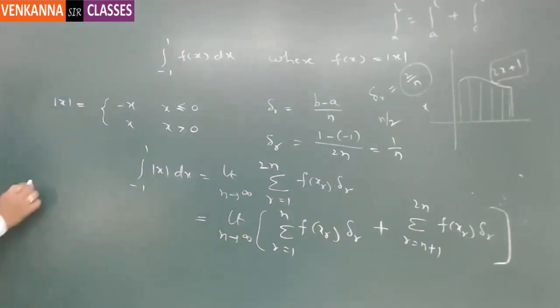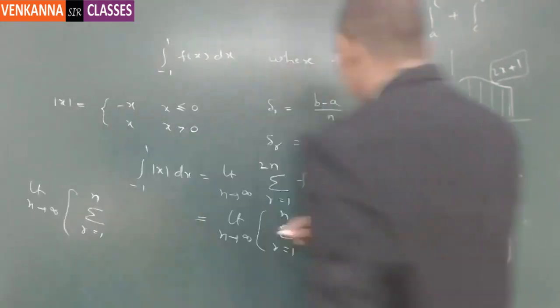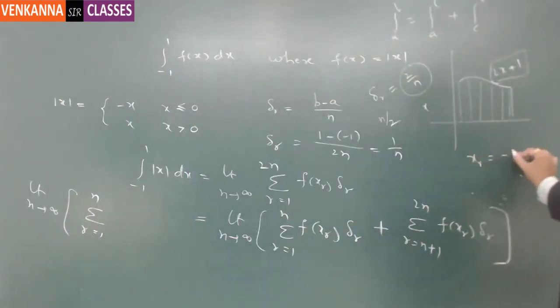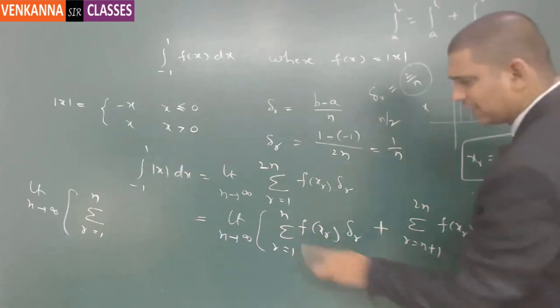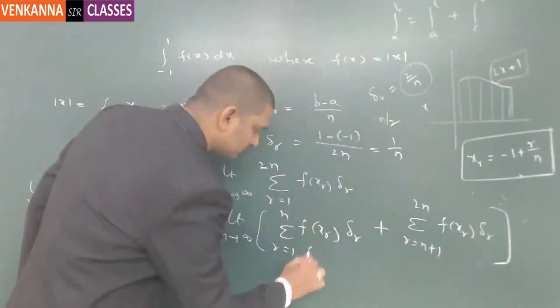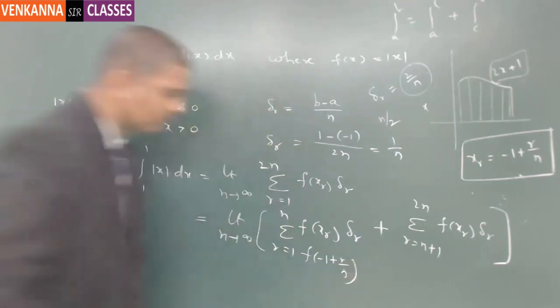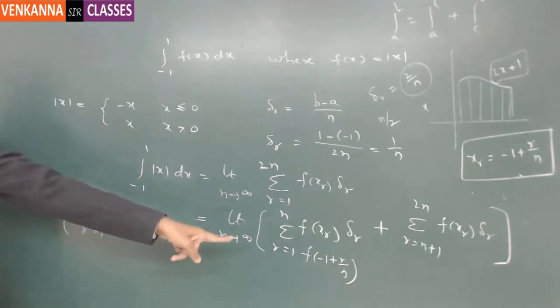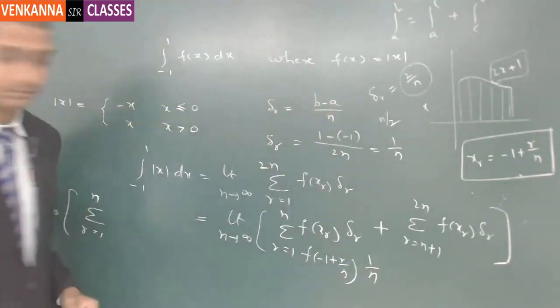So this is equal to limit n tends to infinity summation r is equal to 1 to n. See, I have written xr as minus 1 plus r by n. So this is nothing but f of minus 1 plus r by n, and delta r value is nothing but 1 by n.